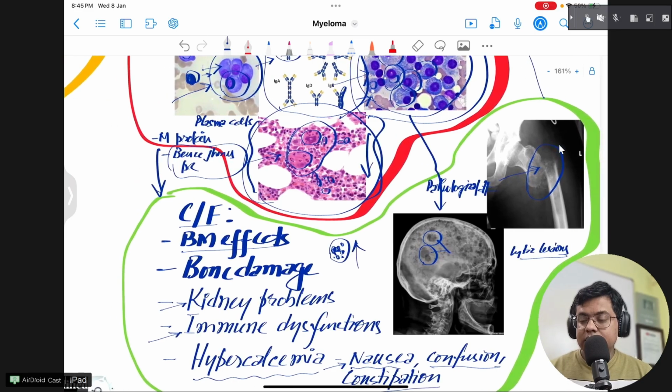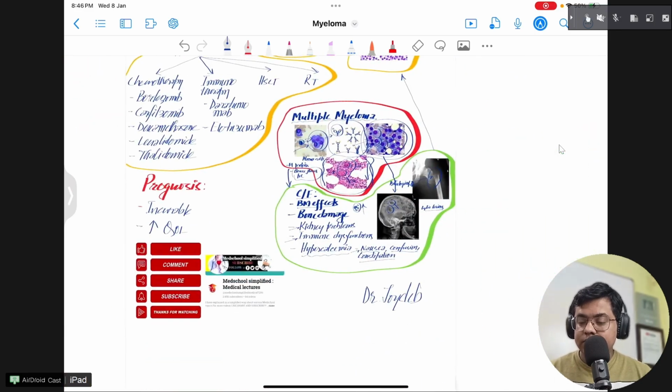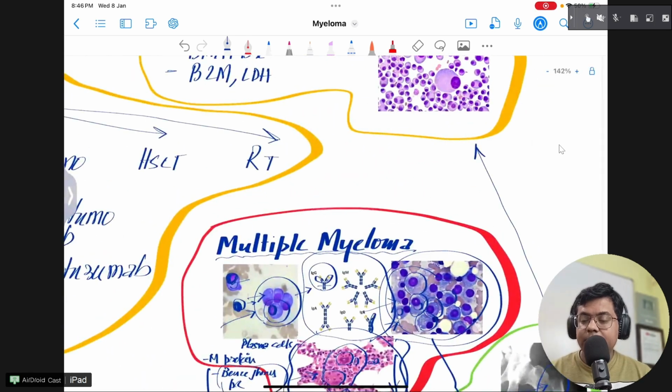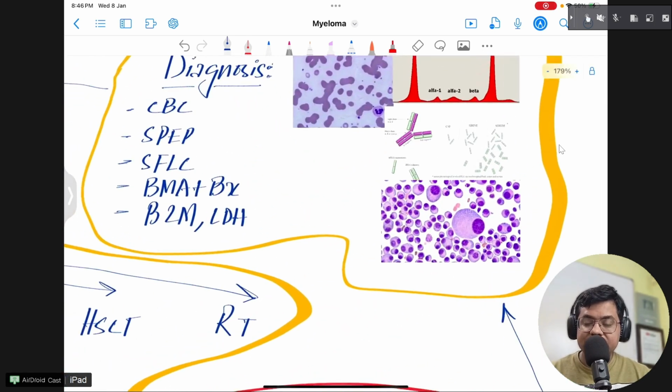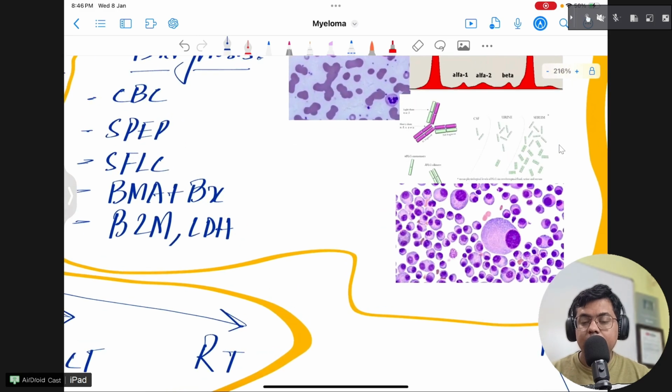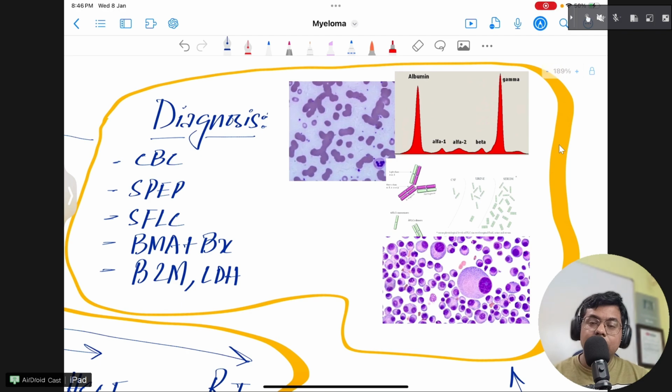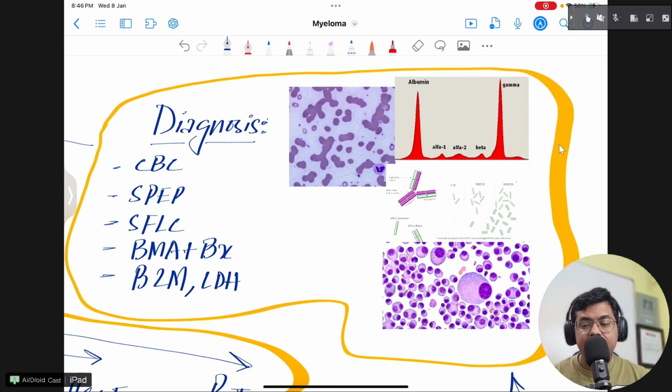So let's come to the diagnosis part. How to diagnose a case of multiple myeloma? So, what happens here? In case of multiple myeloma, the normal antibodies are not produced, or they are produced in a lesser amount, and there are abnormal antibody productions.